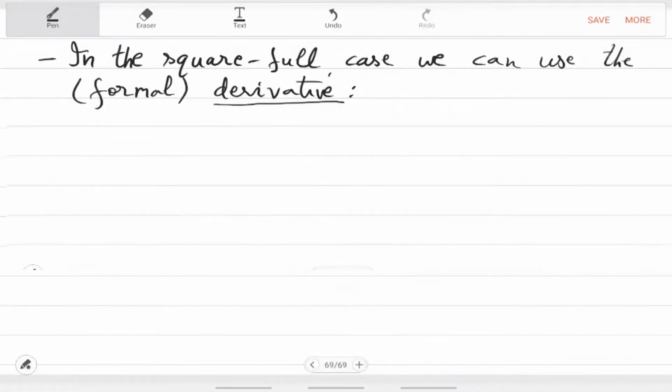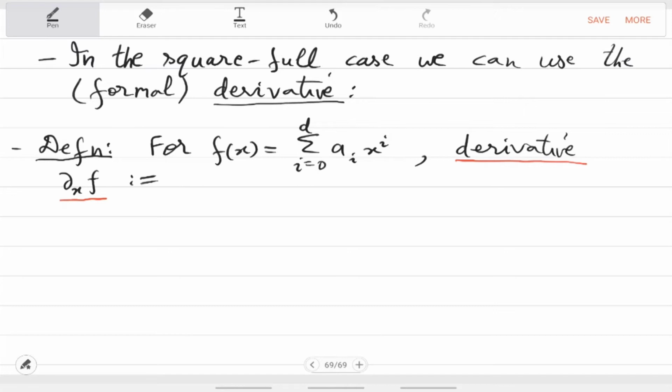So in the squareful case, we can use the formal derivative. So what is the derivative of a polynomial? So for f of x equal to sigma a_i x to the i, of degree d, this has only one variable, so the derivative is denoted by dou x f. And what is that?